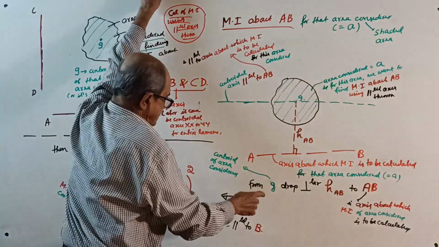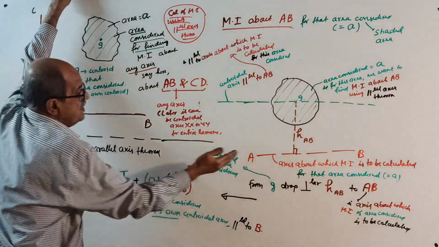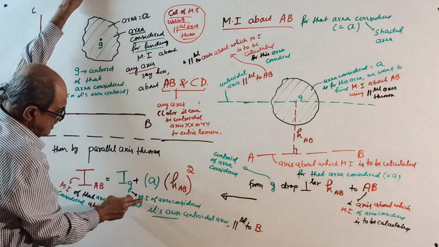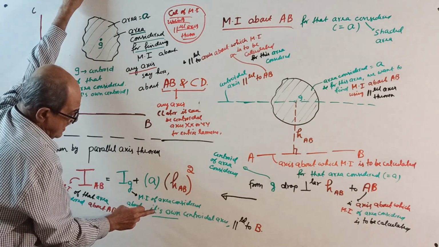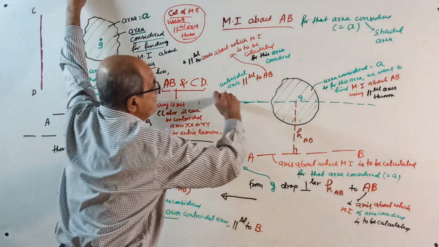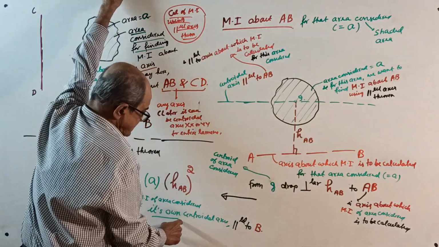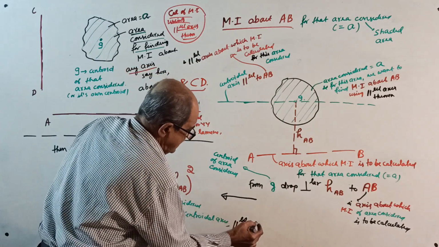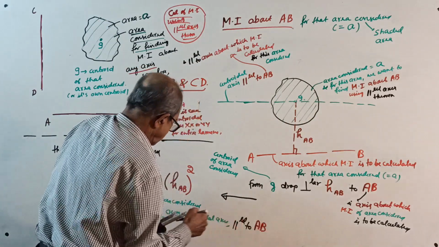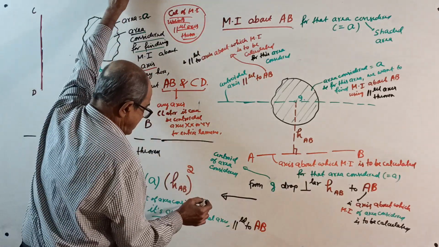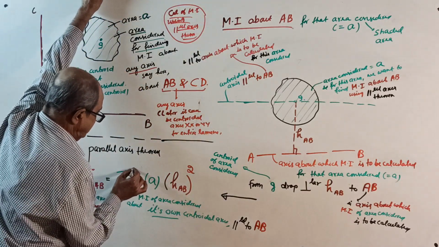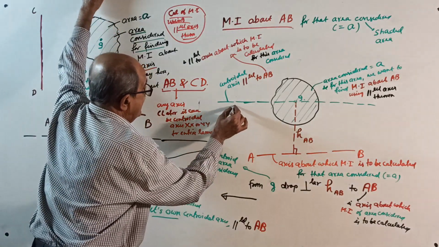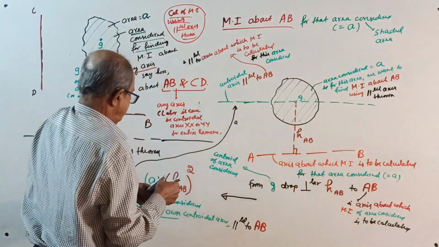Now, I about AB equals I_G. I_G means the moment of inertia of the area considered about its own centroidal axis, parallel to AB. To make it more clear, this I_G is about this axis.